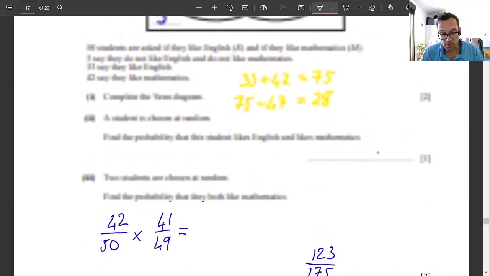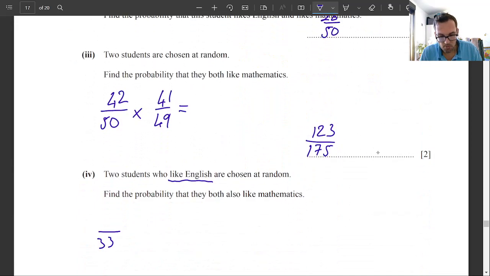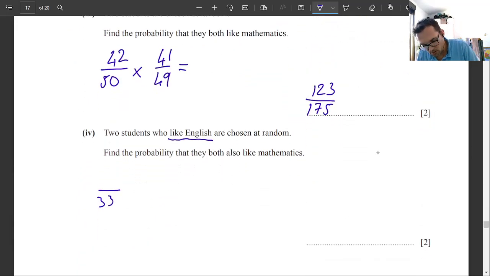So of those 33 students who like English, 28 of them like maths. So to pick one of them, we need to pick 28 out of 33. But then again, the next one we pick, there are going to be less.